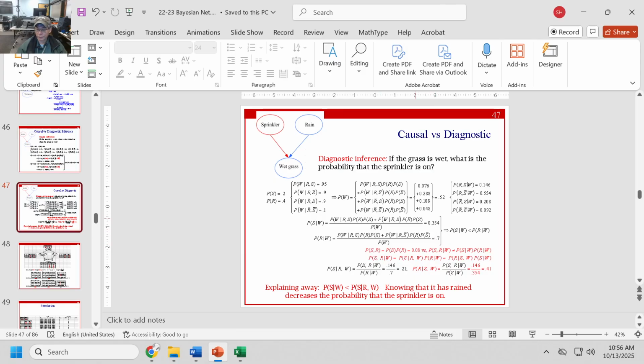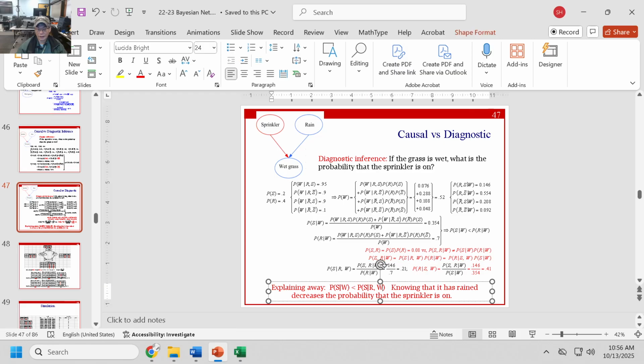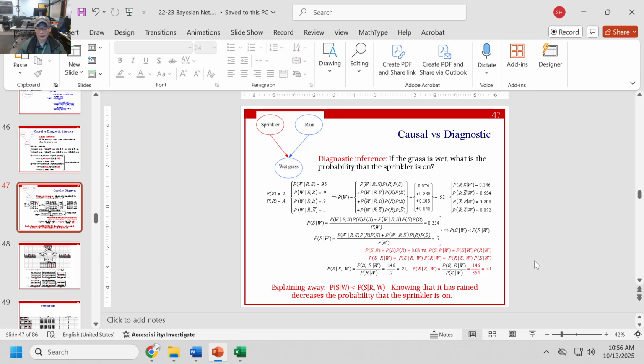So far, this part is okay, right? And I would like to add one more. It's called explaining away. That is, if we can calculate the probability ground is wet and I see the sprinkler, and ground is wet and it's raining, how likely I see the sprinkler is on. And this is twist of the twist.